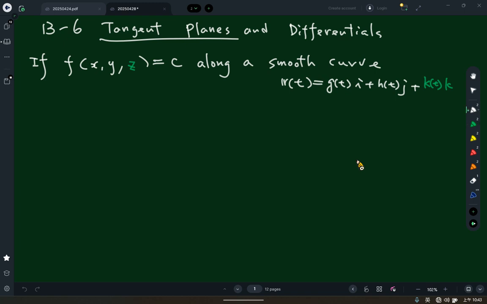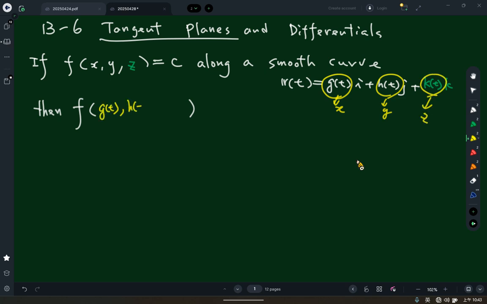So then we can regard this as x, y, and z, right? So we use g of t, h of t, and k of t. It will be c.